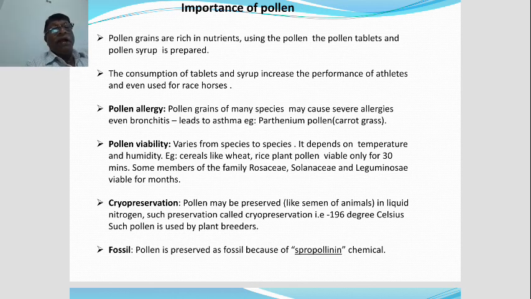A very good example is the pollen of Parthenium.